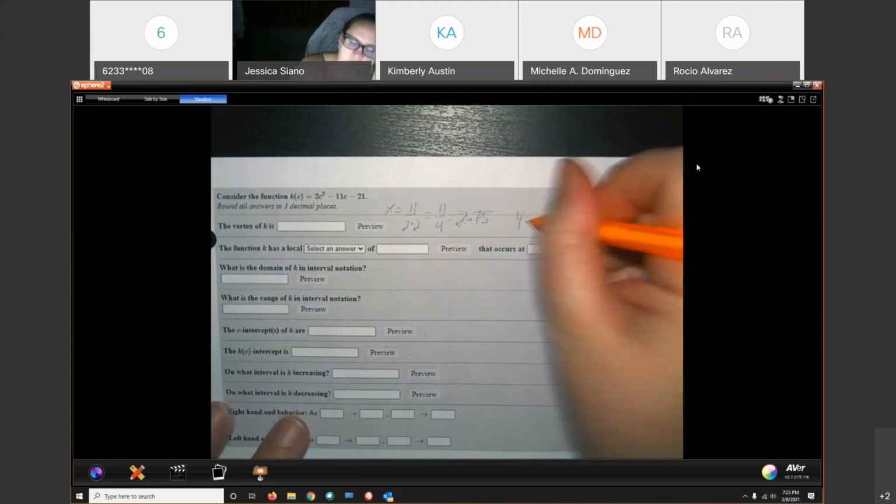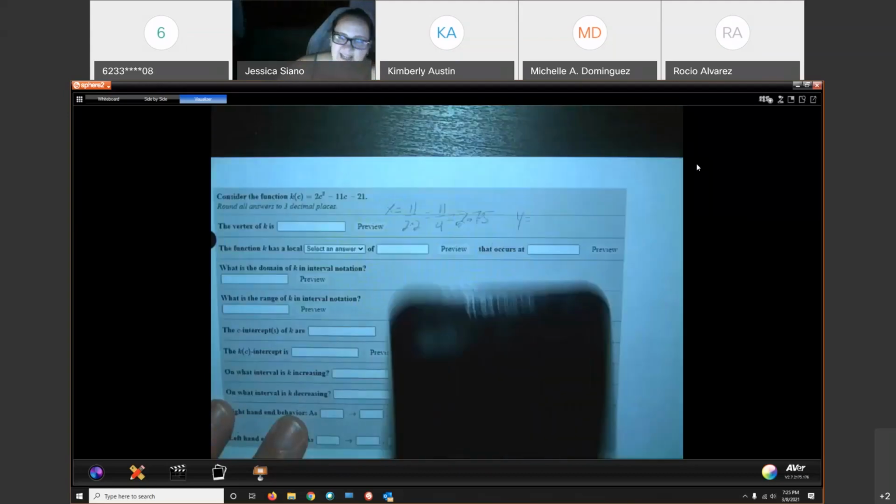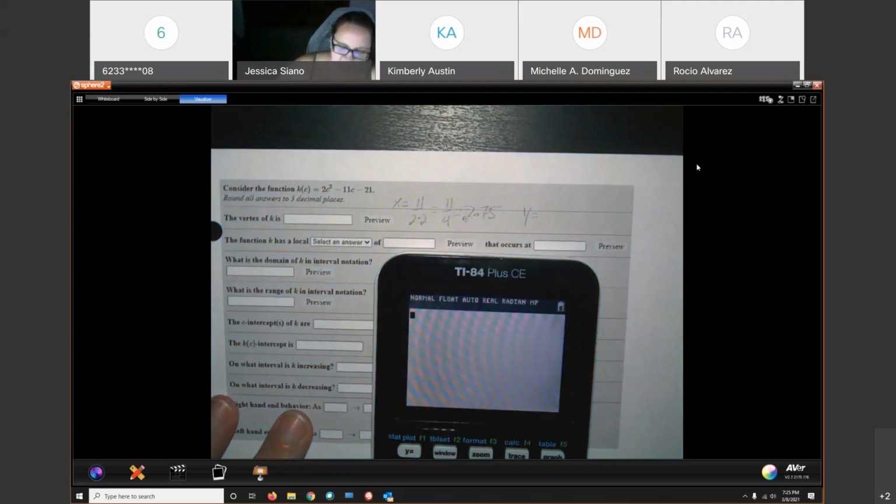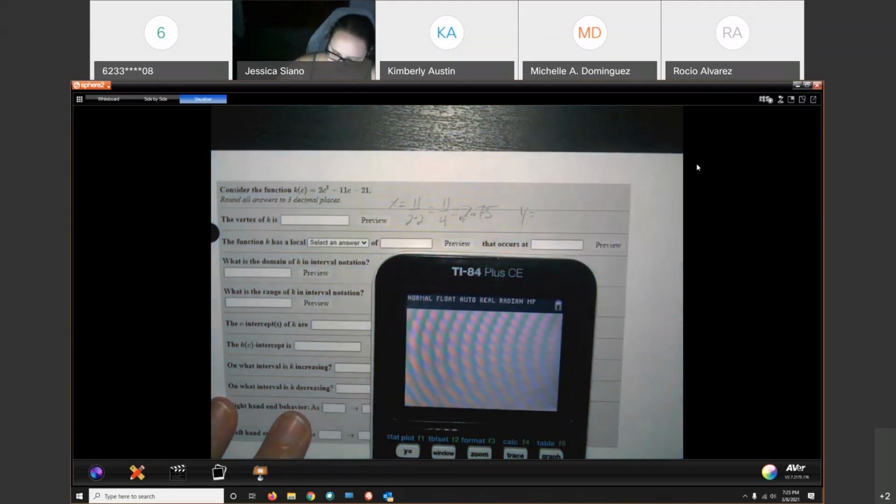And then to get the y value of the vertex, again, I take that x value and I plug it in. So I'm going to take the 2.75 and plug it in. Squared minus 11 times 2.75 minus 21.